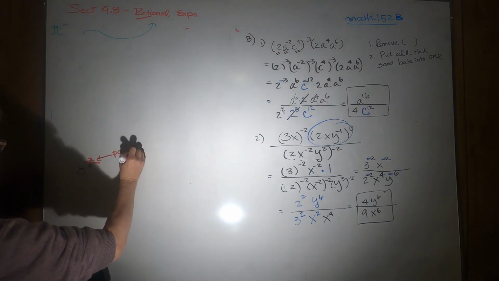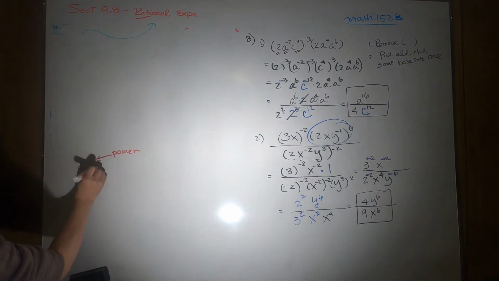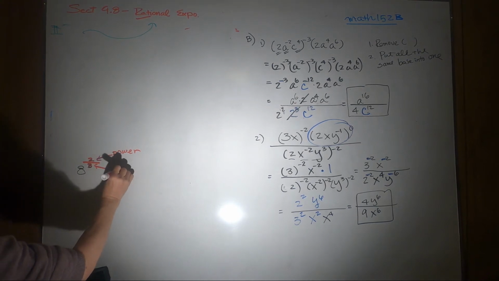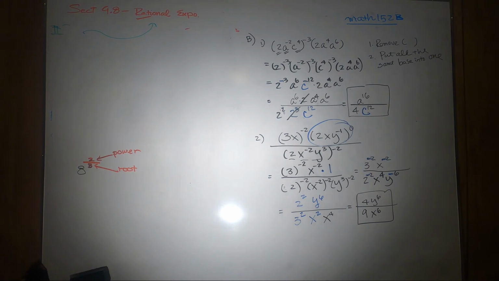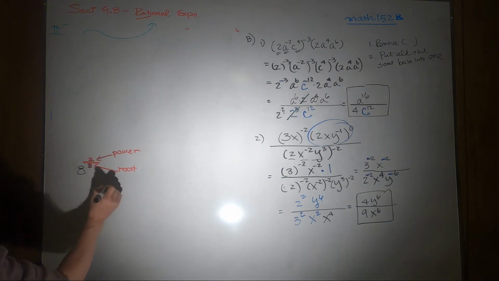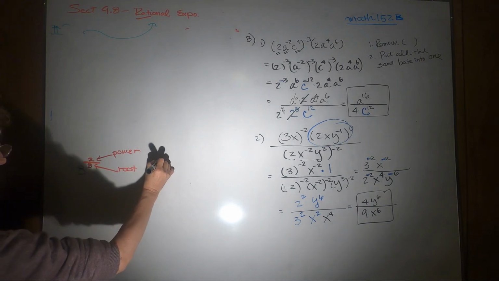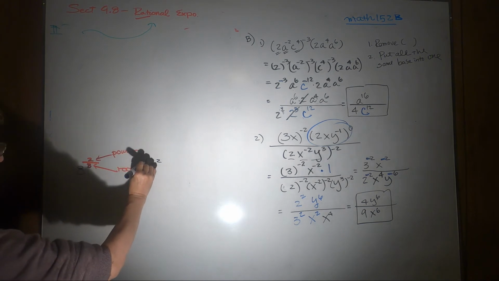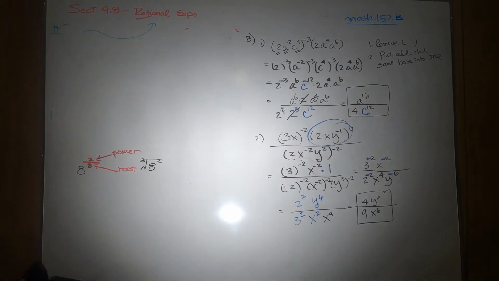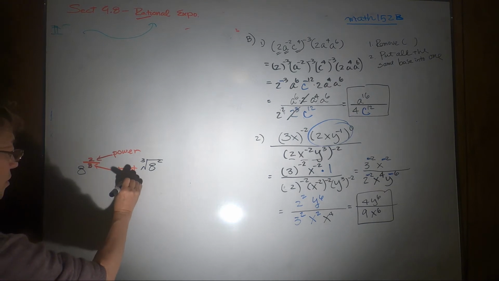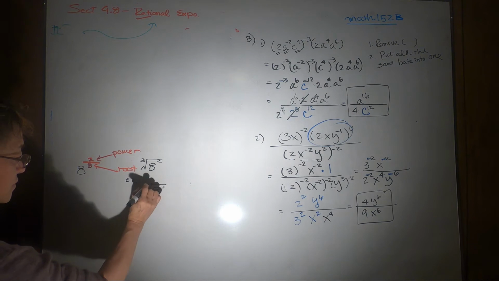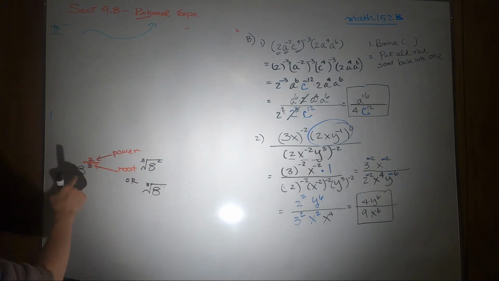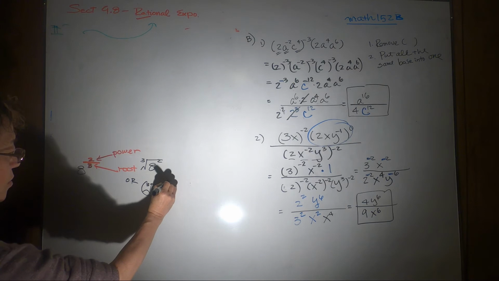The power you will take for the base. Then 3 means what? The root you are going to take for the base. Okay? So if you do that, you will have what? A to the 2nd power, then take the root, right? Or we say you can take the root first. Oops, root first, right? Cube root, then you take a power.